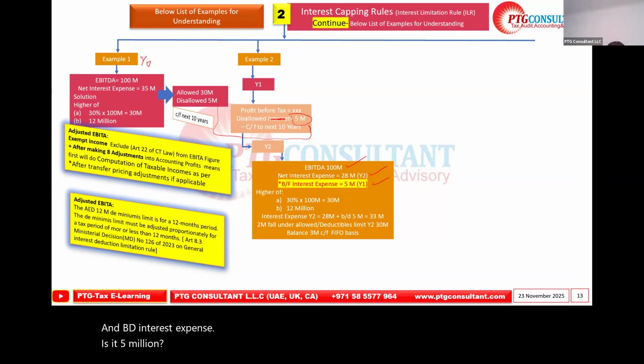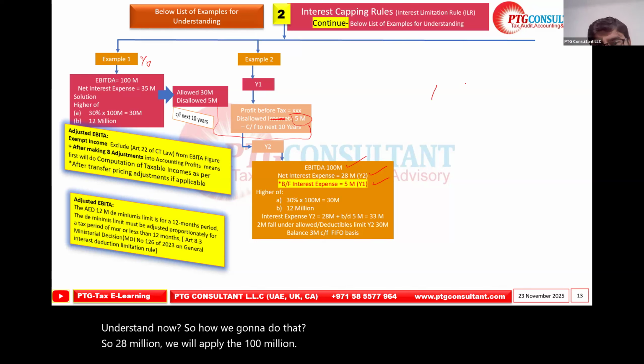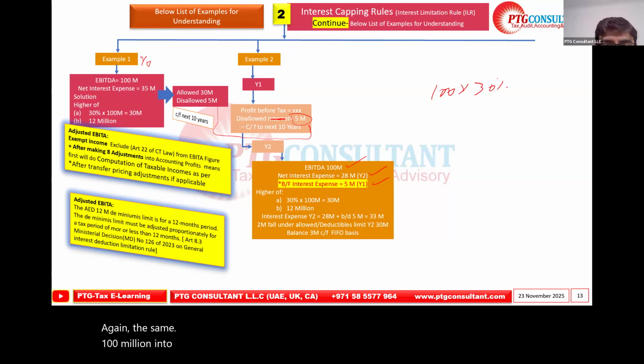When we are discussing the adjusted EBITDA, please understand how we do that. We apply 30% to the 100 million, which is 30 million. This is still higher than the interest expense for the year.